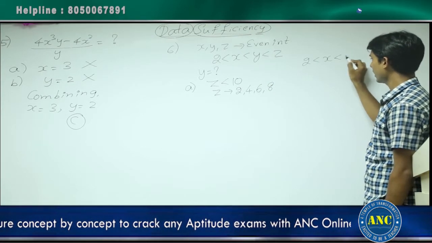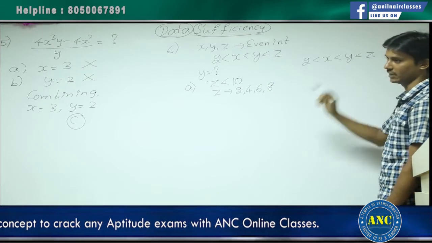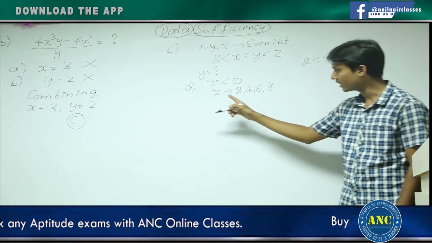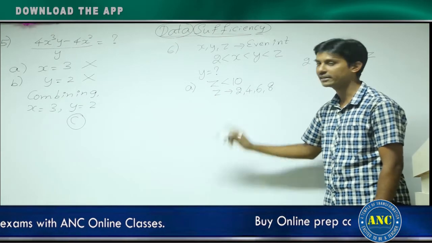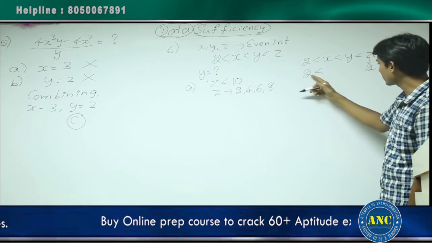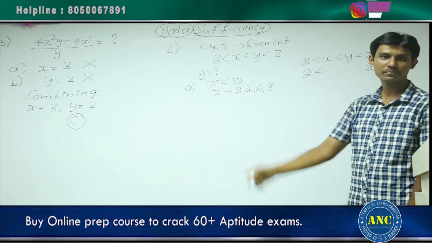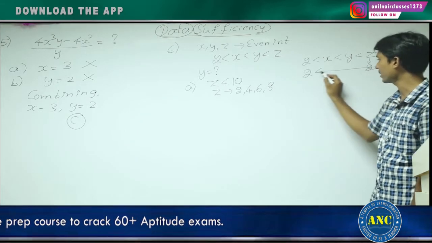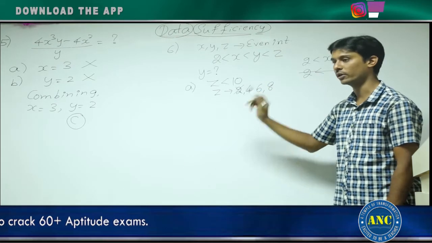2 less than x less than y less than z. If I take z as 2, it becomes 2 less than 2. Is 2 less than 2? No, it is violating the given condition. That means z cannot be equal to 2. Agreed?